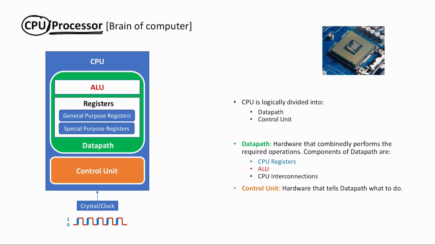I've said this so many times, but I will say this again. These instructions were getting executed by the CPU magically till now, right? We discussed that the CPU will take one instruction, execute it, then go to another instruction, execute it. So this execution part was a magic to us, right?